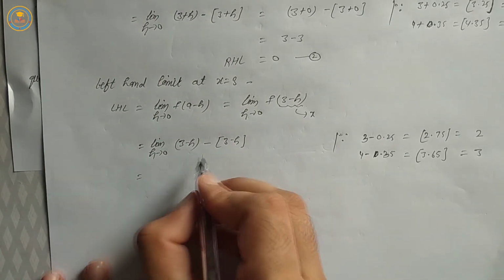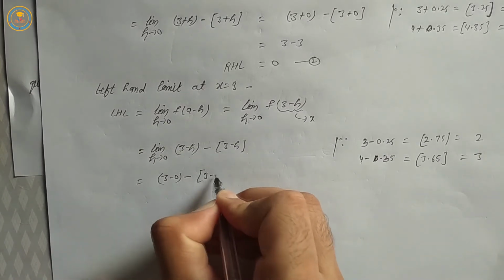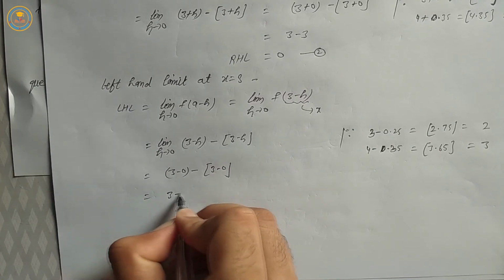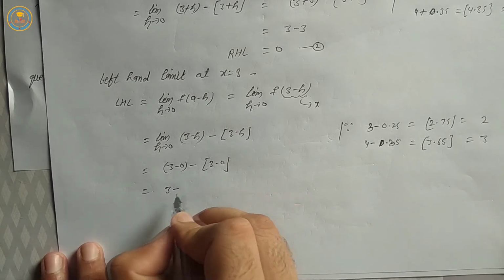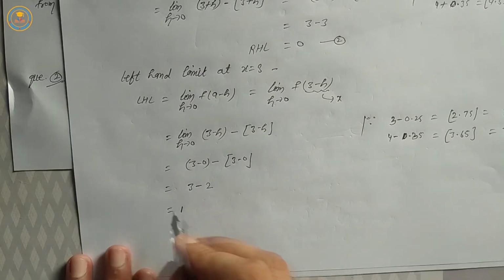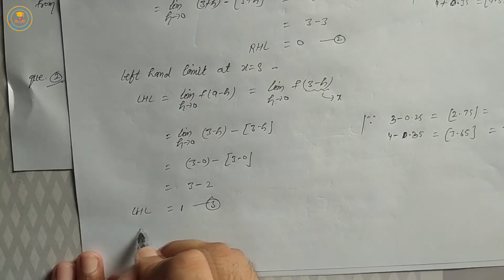putting the value of h is equal to 0, 3 minus 0 minus [3 minus 0] is equal to 3 minus 2, which is equal to 1. LHL is equal to 1. Equation third.